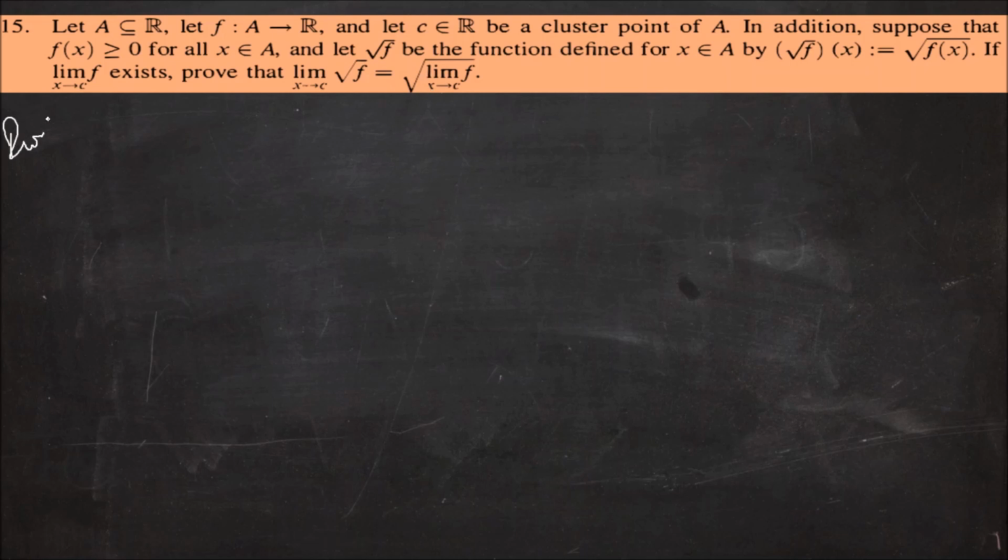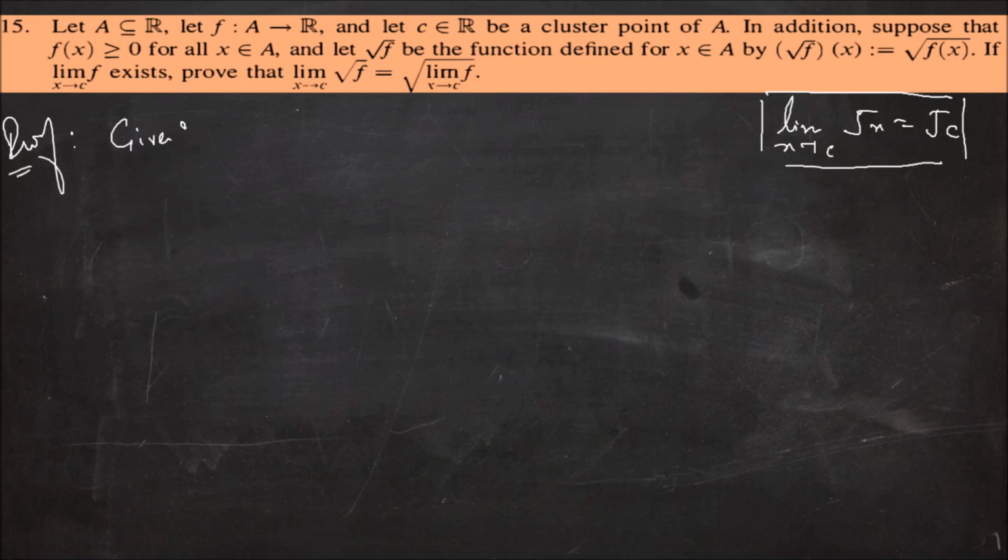So proof. This is similar to proving that limit x tends to c root x is equal to root c. The proof of this will follow on the same lines as the proof of that.